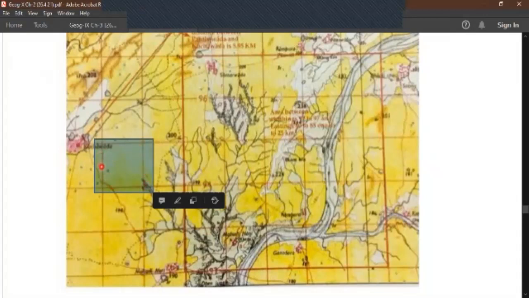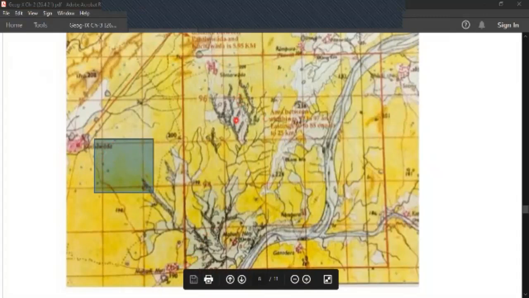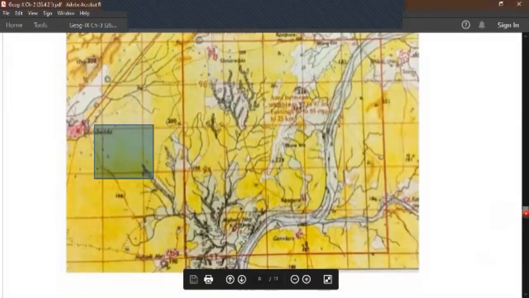For example, here you have to find out the area between Northings 92 to 97 and Eastings 80 to 85. So to find out the area of this, highlight the bounding lines with a pencil, as I am doing here with the red pen, and count the grid squares.